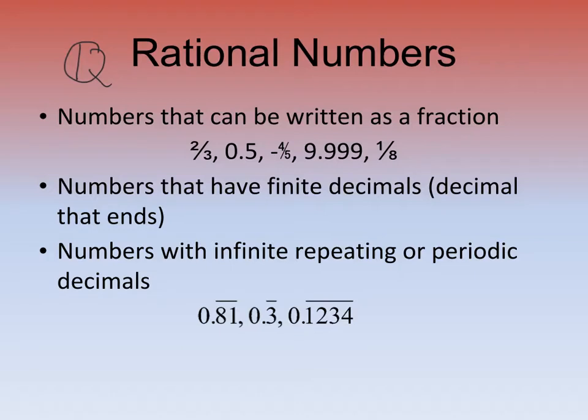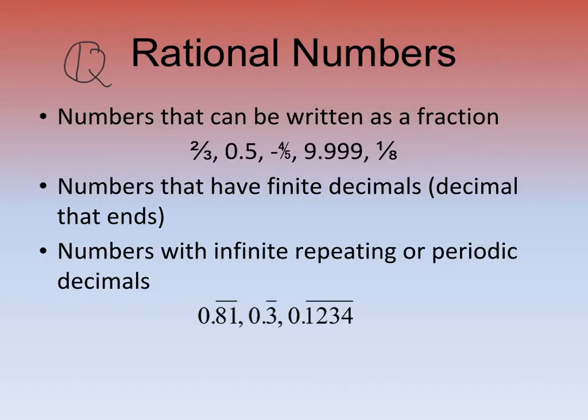So generally a finite decimal, or an infinite repeating or periodic decimal. So 2/3 is a fraction, so it would be considered a rational number. If you did that in your calculator, you get 0.666666666 repeating. As soon as you have a repeating decimal, that already qualifies as a rational number.